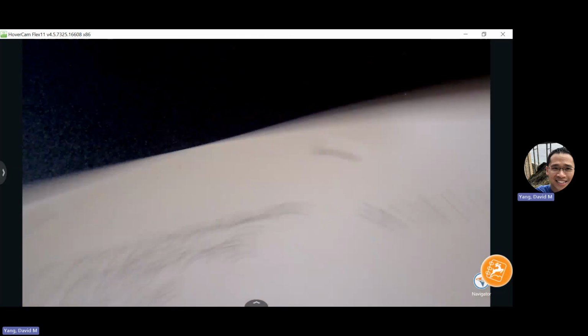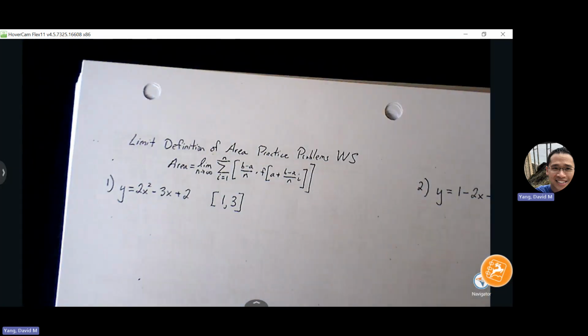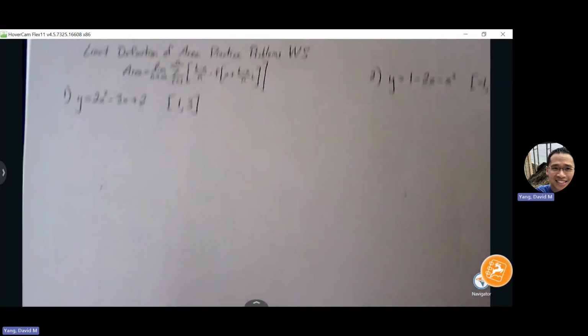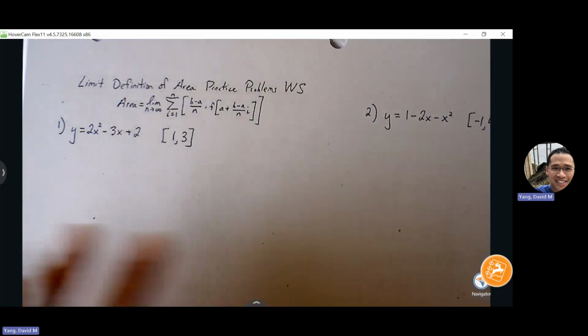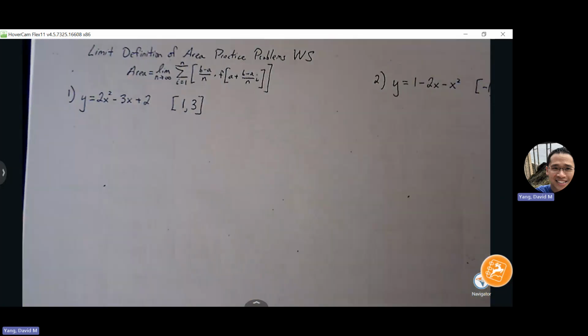Okay, let's see if we can squeeze in one more limit problem here. This is on page 11 on a half sheet. Let's try number 1.